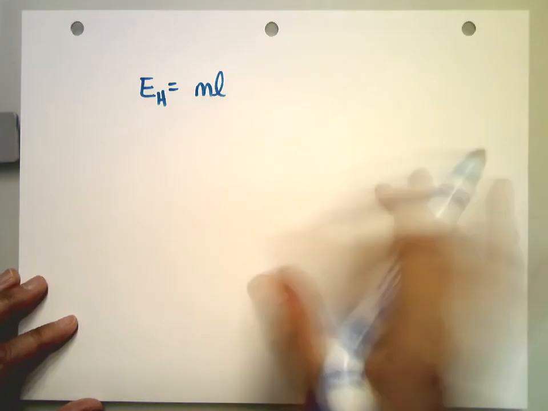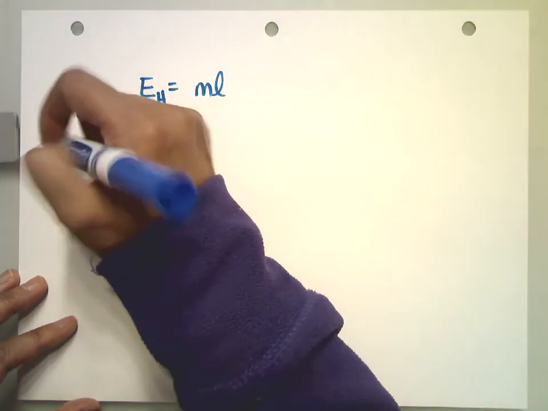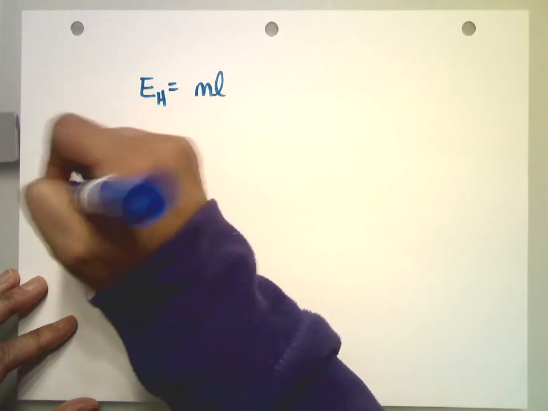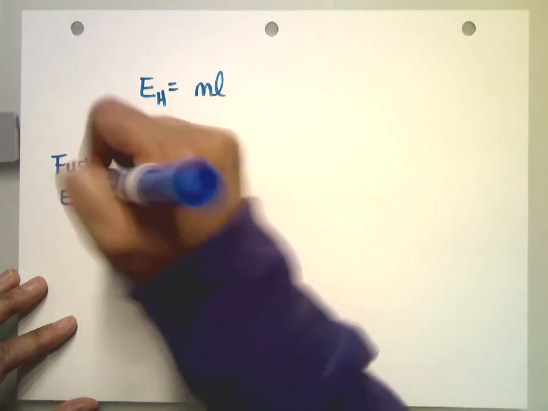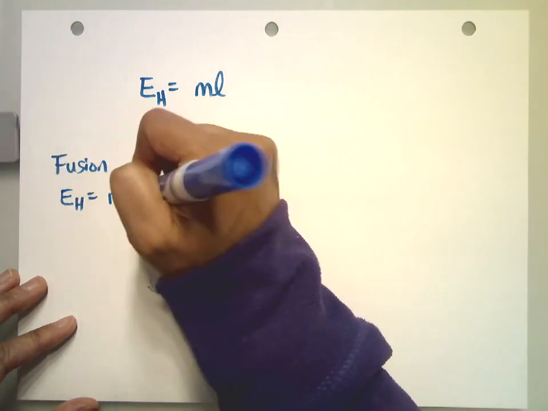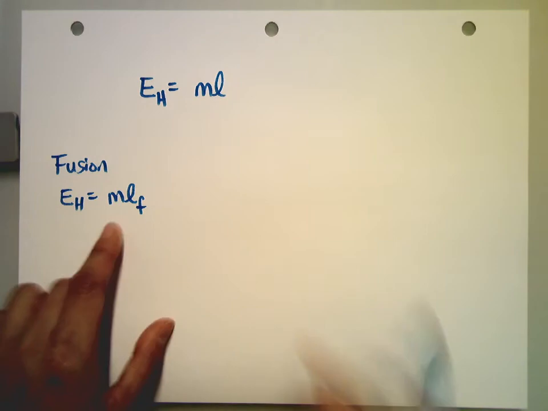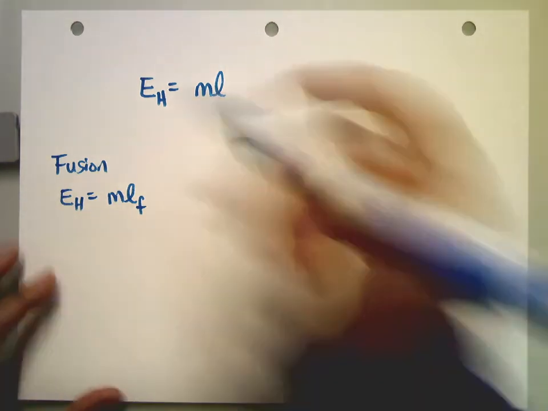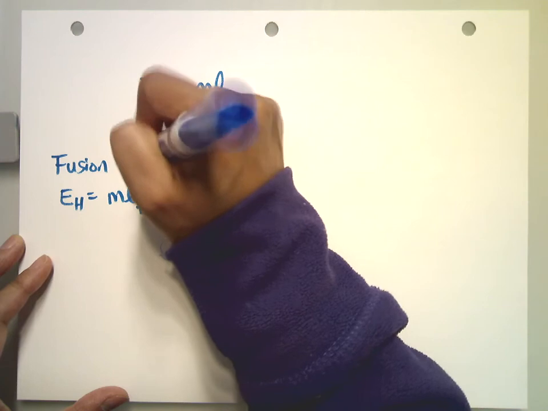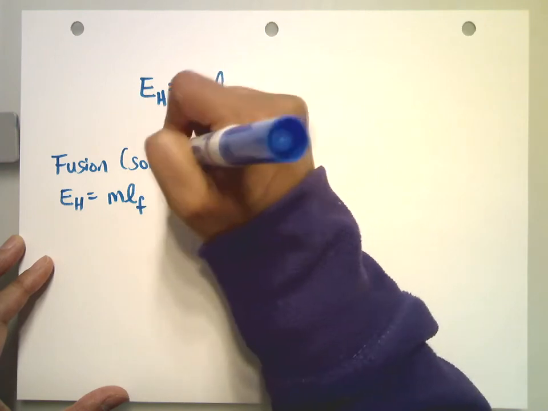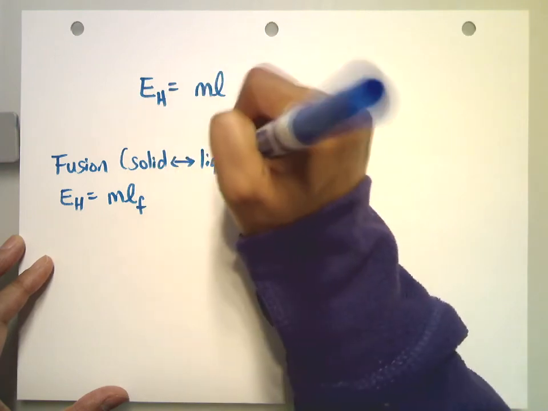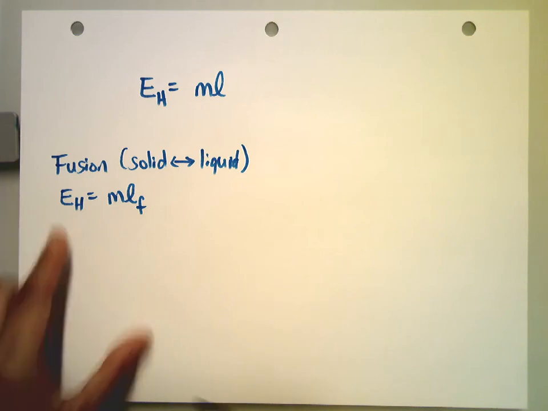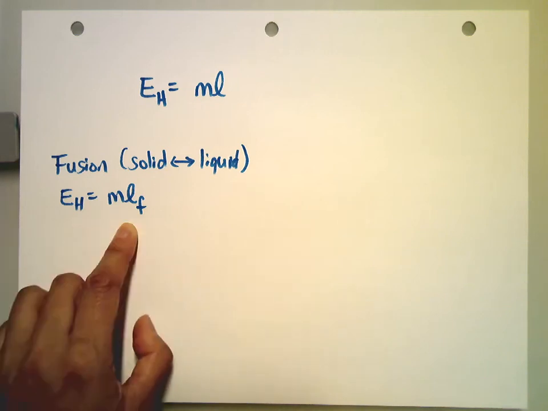So there's actually two types, like I said. There is this type called latent heat of fusion, and the formula looks like this, mLF. Okay, so same formula except there's a subscript. Fusion technically means solid to liquid or liquid to solid. Okay, so that's the formula you would use.